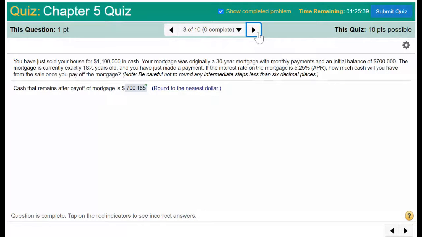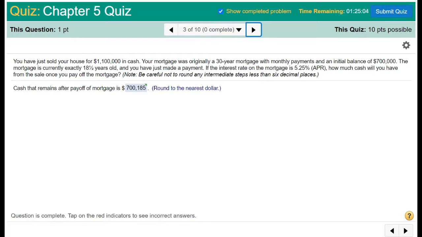Okay? This one. You put the 1.1 million, 1,100,000, down and put a subtraction next to it. Now I want to calculate my mortgage payment for this 700,000, not this 1.1 million. This right here, my initial balance, this is what I sold it for.